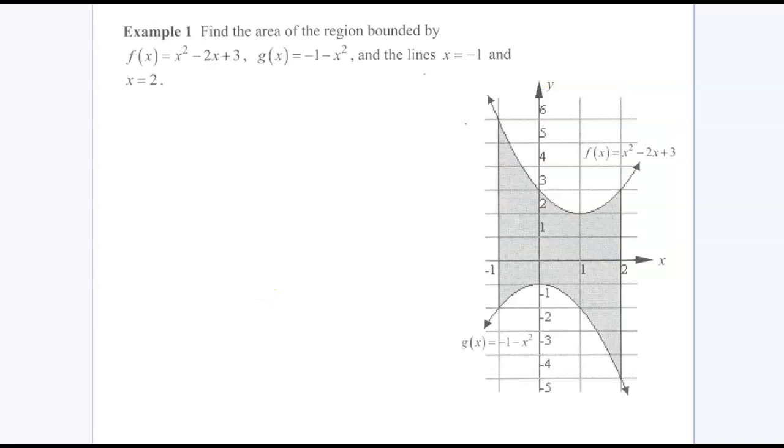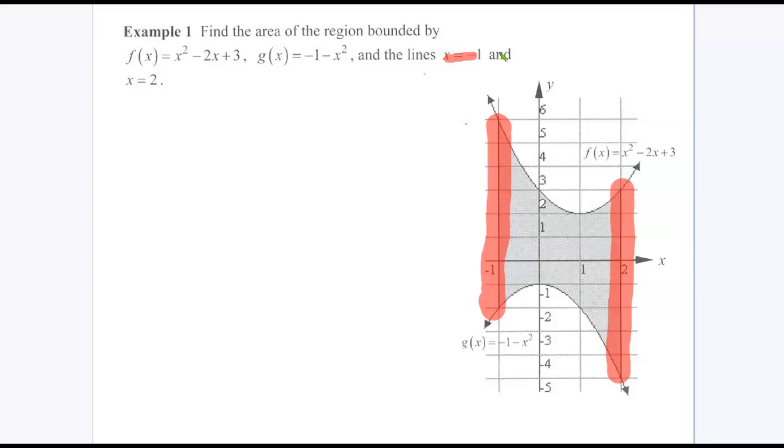Now, sometimes our curves might not intersect, like in this example, where they want us to find the area of the region bounded by the parabola x squared minus 2x plus 3, which is the top parabola, and negative 1 minus x squared, which is the bottom parabola, going from x being negative 1 to x being positive 2. So those become my limits in this particular case.